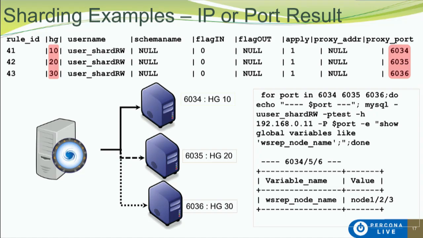It was a Galera PXC cluster. And what I will have is that the node name will change accordingly, because ProxySQL will connect me to one or the other, following the rule that I provide to it. It's very, very simple.